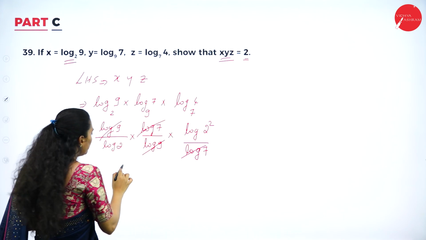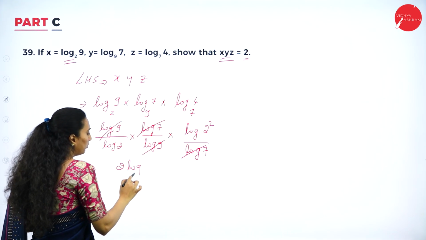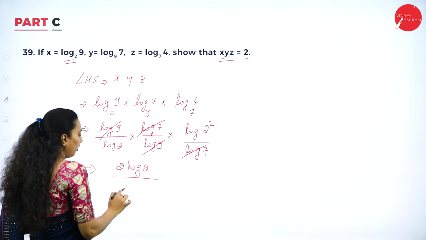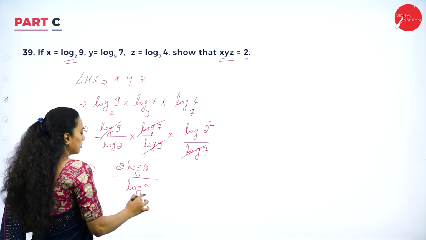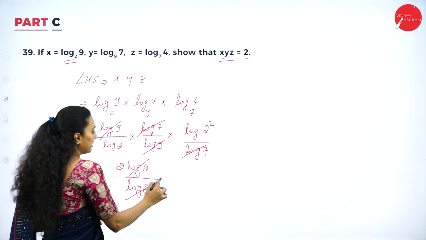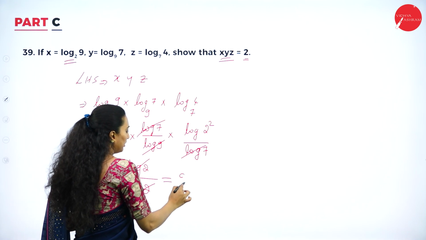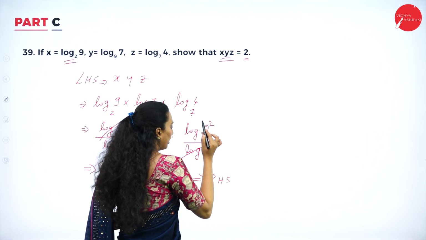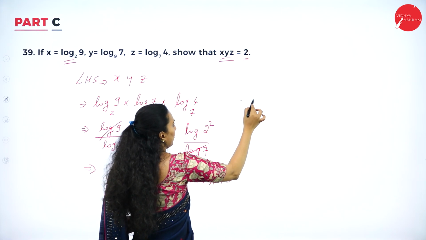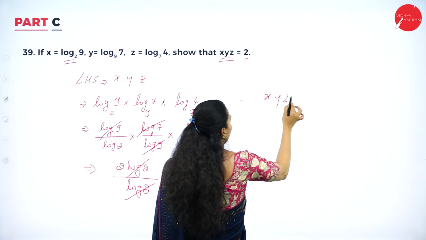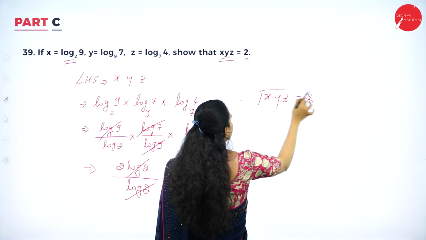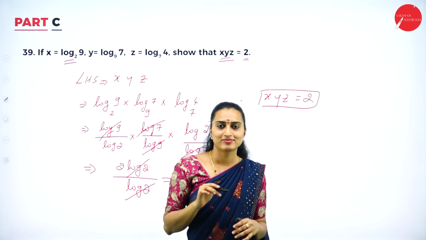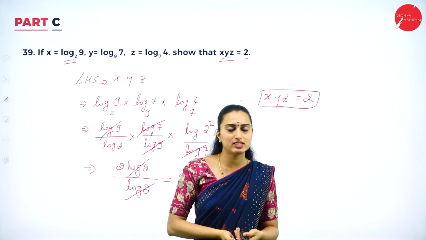So therefore 2 log 2 whole over log 2. So log 2 will get cancelled, which implies that 2 is the answer, which is the right hand side. So therefore xyz, left hand side, is equal to the right hand side. That's it. How easily you can solve, isn't it?